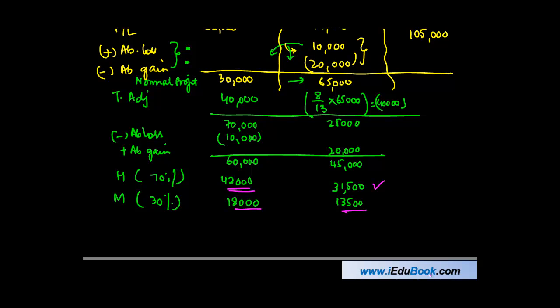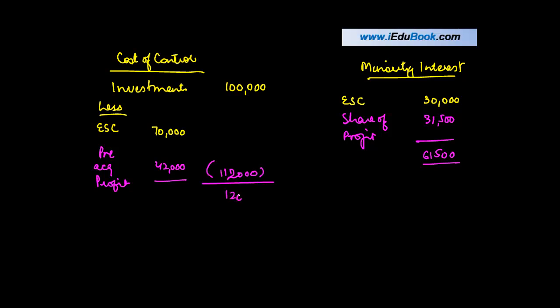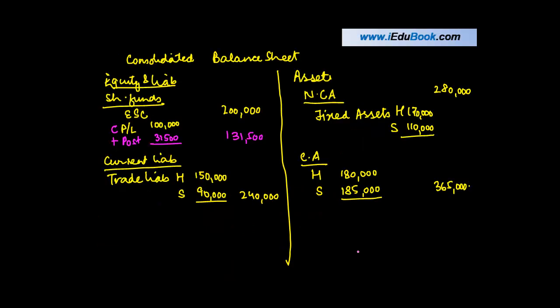Now insofar as minority is concerned, we can just take the total of these two. 18,000 plus 13,500 gives you 31,500. This is their share of profit, 61,500. This gives you 112,000, 12,000 capital reserve, right? So minority is 61,500.